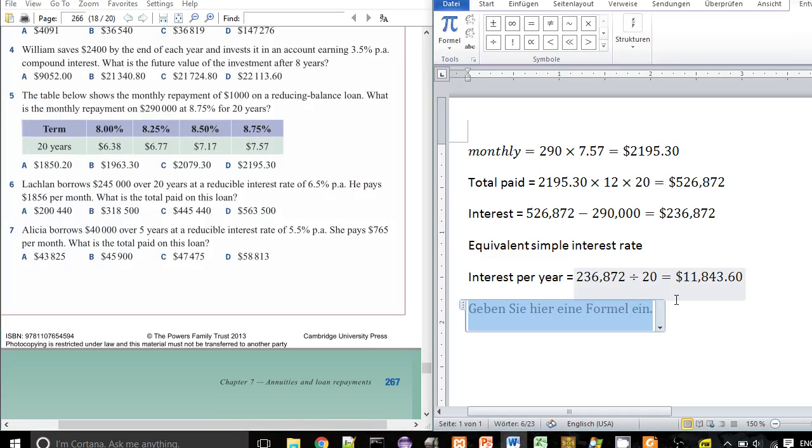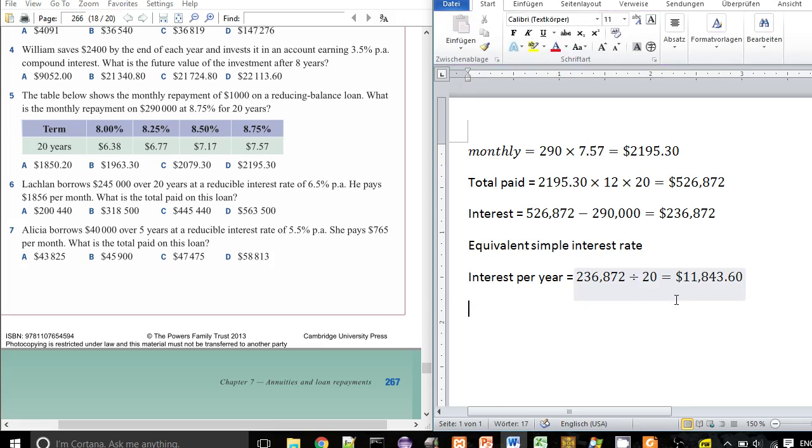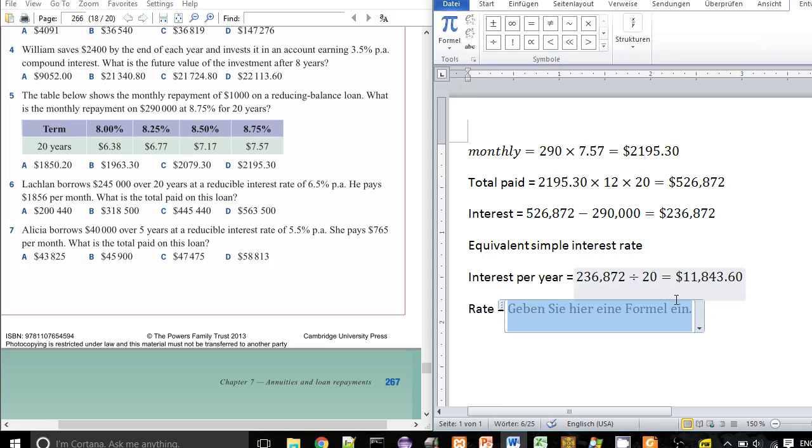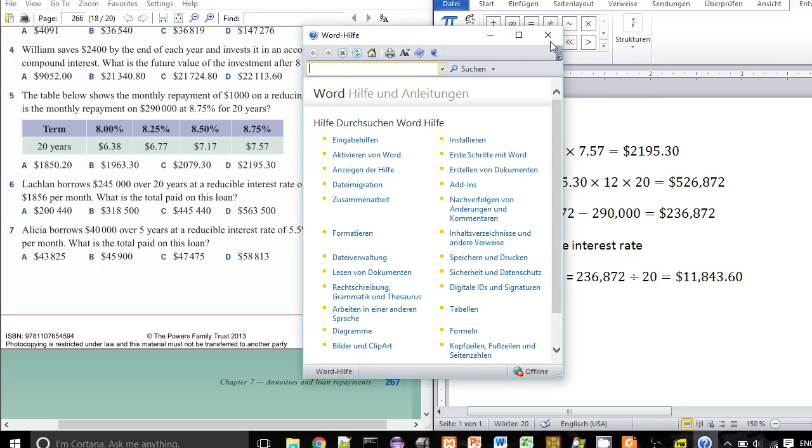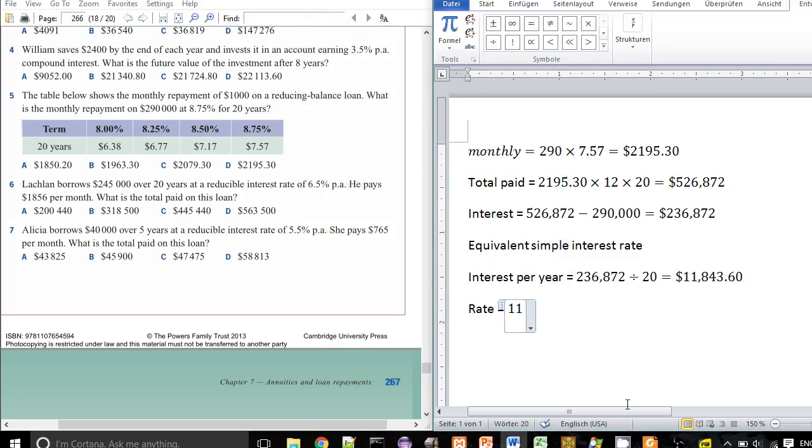That would be the interest per year, and then the rate would be, sorry, I'll write it like this, rate. You can sort of use a formula, but I like to use logic. We need to compare this to the original, so 11,843.6 out of 290,000 times 100.